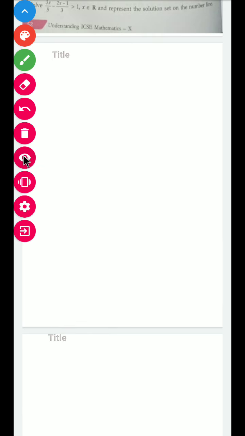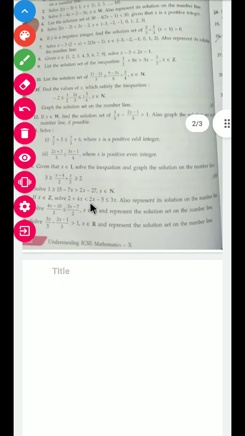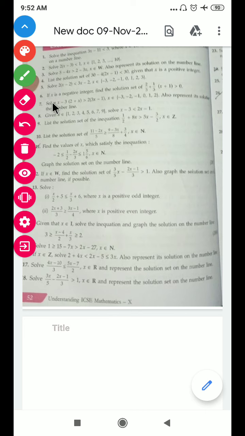Now go to the next problem. Question number 6 is given here. If x is a negative integer, find the solution of this. The expression given is 2 by 3 plus 1 by 3 into x plus 1 is greater than 0.